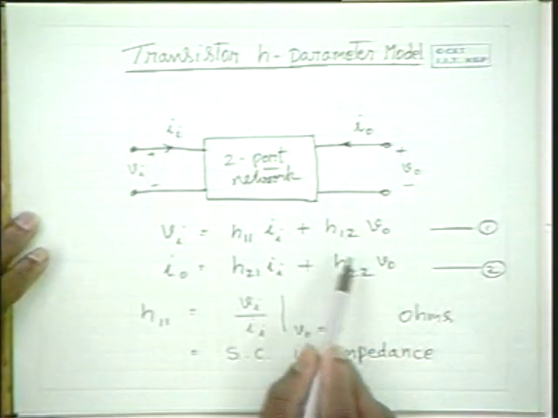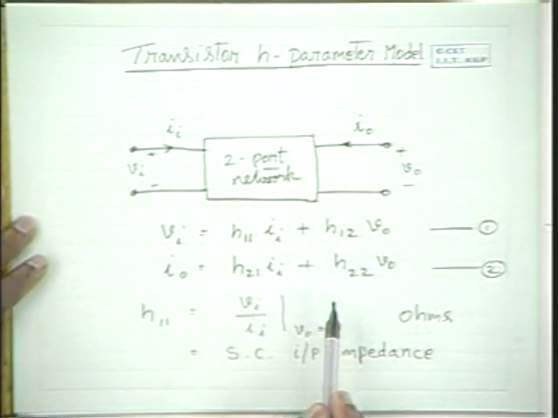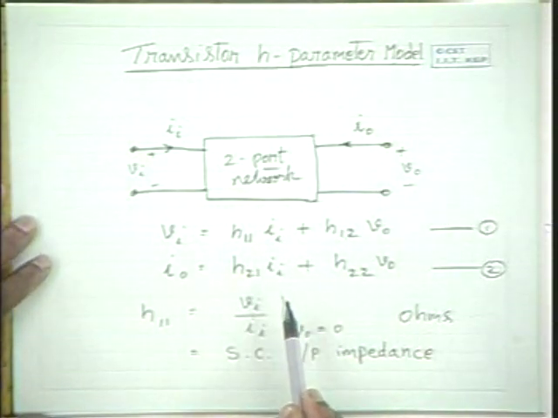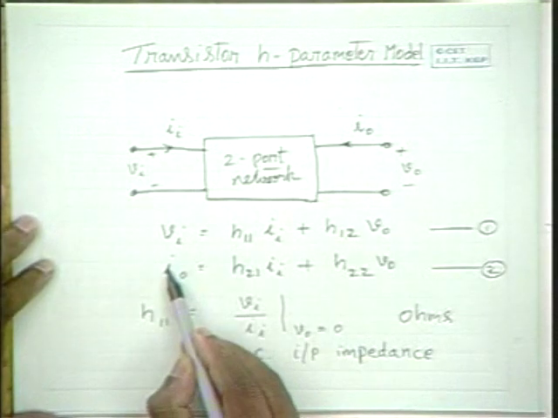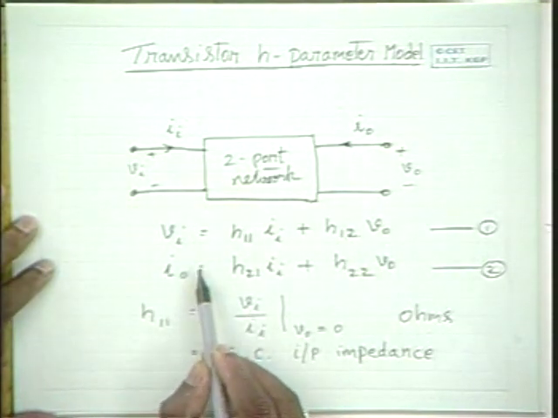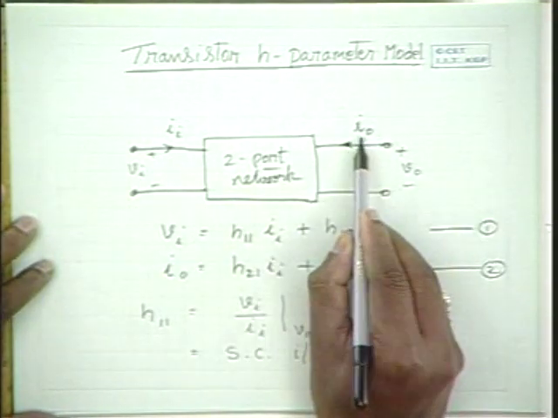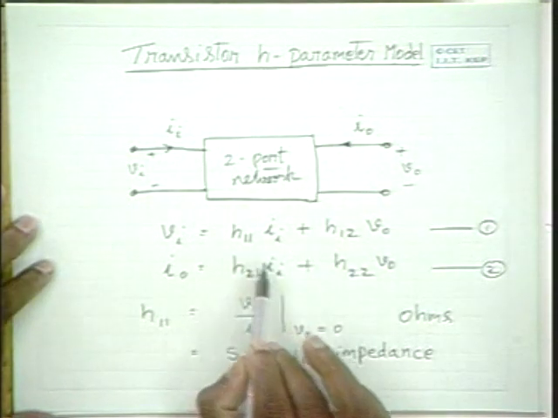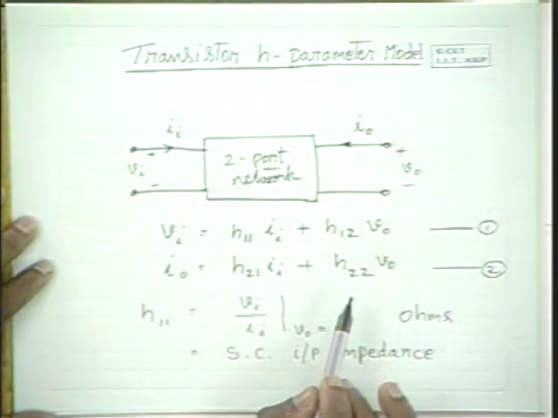from equation number 2, we can get the output side equation. So the output is a current, and this current is written as the sum of two current components.